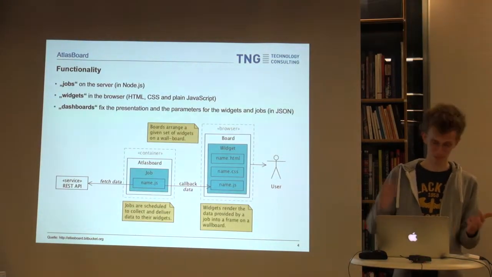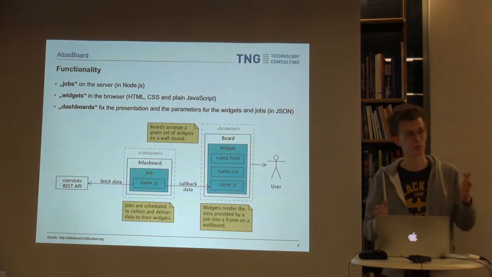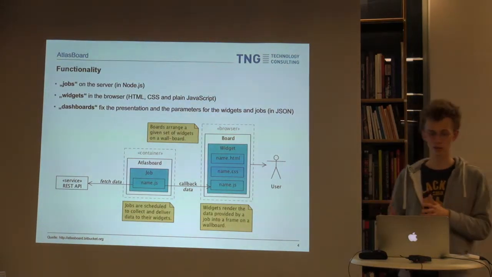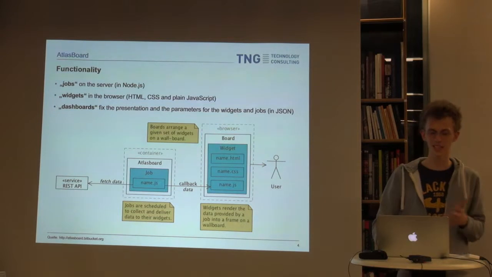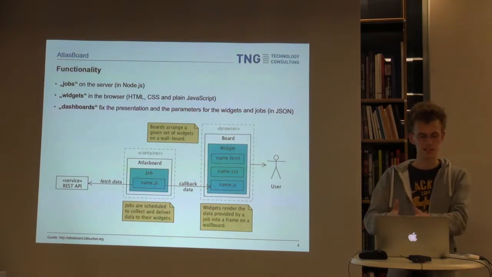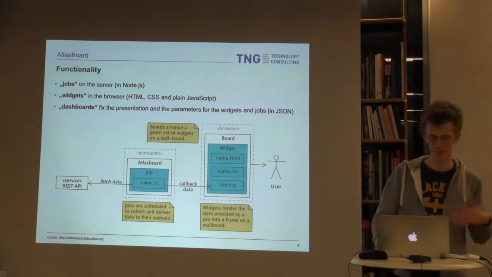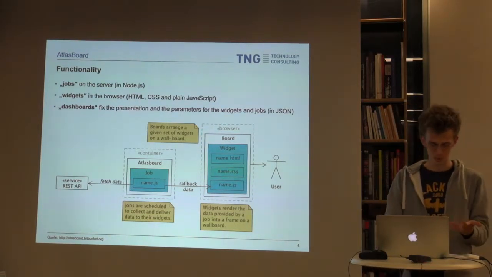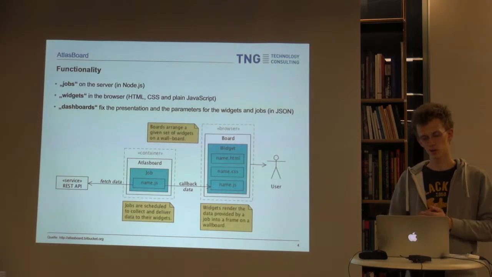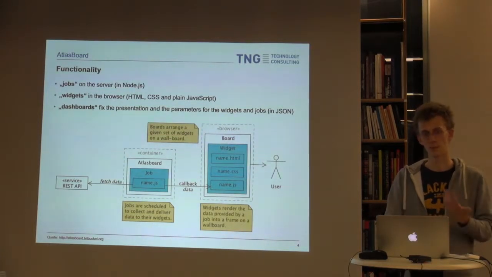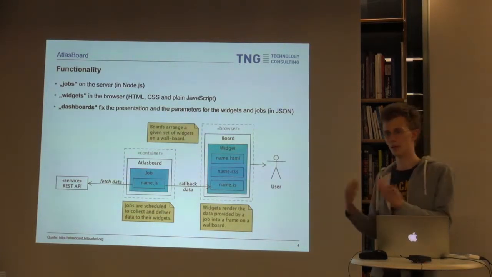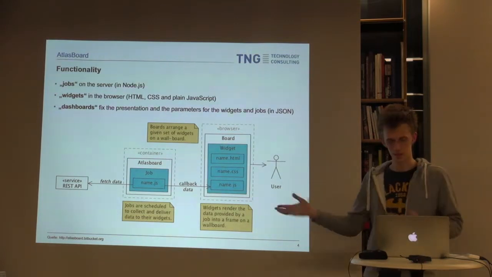So how does it work? We've got basically three components. The first is the jobs on the server, which are in Node.js. These get the data from somewhere else on the internet and can do some processing with it, and then supply data to the widgets which run on the client side in the browser.